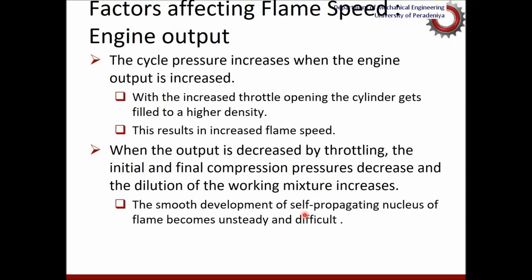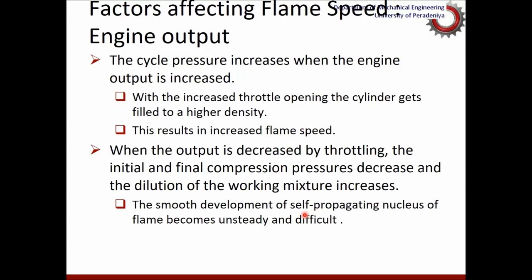And if you run it under part load conditions or idle conditions, where the throttle is somewhat closed, then the pressure during intake will be less, and that means during combustion the pressure and temperature will be kept at a lower level. Accordingly, the flame speed will be less.